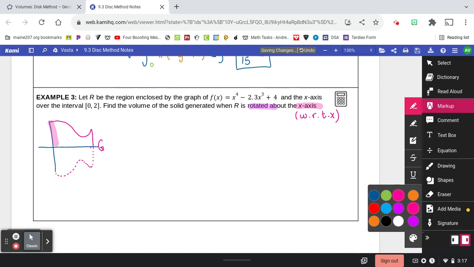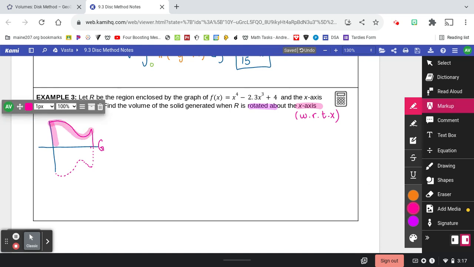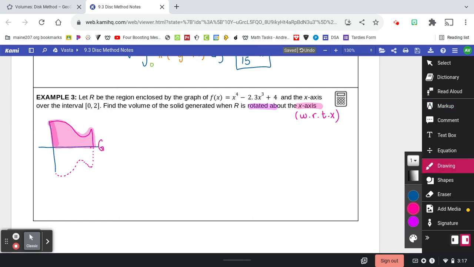That looks a little bit better. In order to get the volume of that three-dimensional shape, I'm going to use circles because I'm rotating. And the radius of one of those circles would be the distance between the graph and the x-axis. So my area formula is going to be pi r squared.